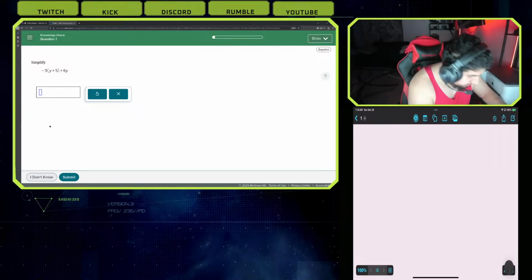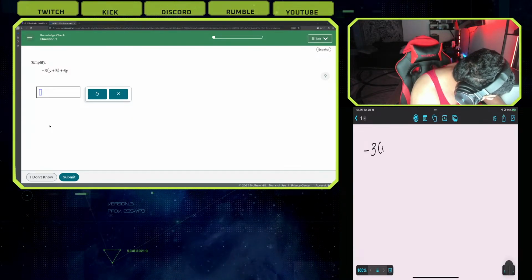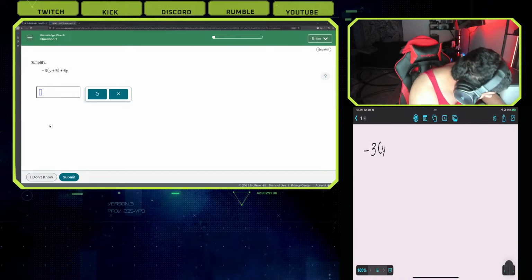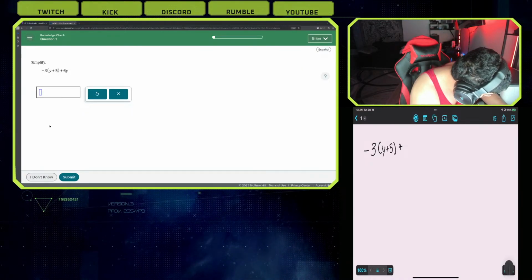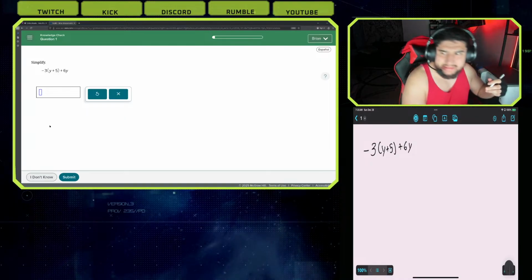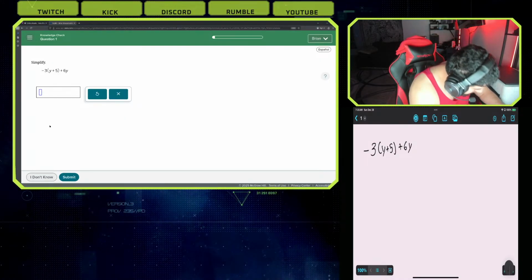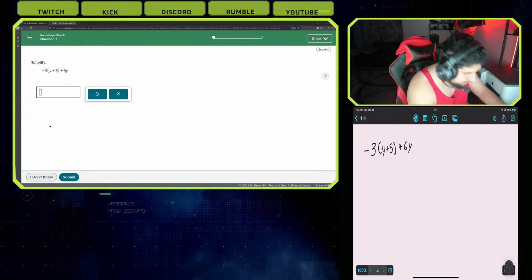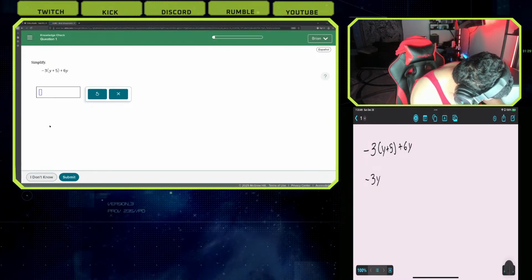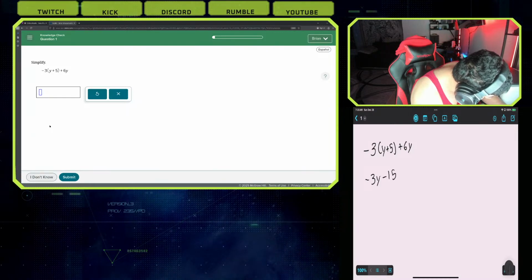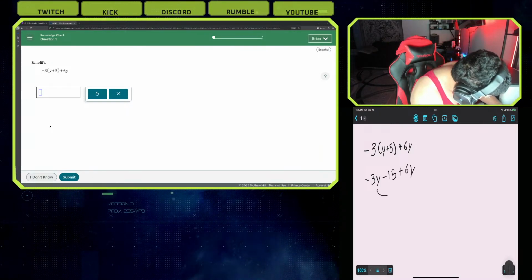So we're going to simplify. Negative 3, y plus 5, and then plus 6y. And it says simplify. So we're going to simplify by first distributing it, right? So minus 3y minus 15 plus 6y. And then we're going to combine like terms.